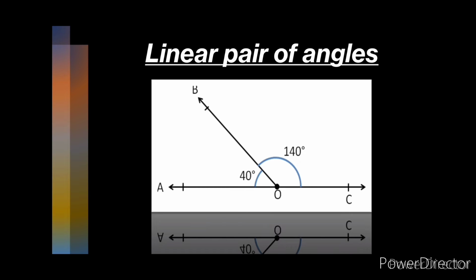So we can say it is forming a straight angle. Two angles are there, but their sum is 180 degrees, so they are supplementary angles. So we can say that angle AOB plus angle BOC is equal to 180 degrees.